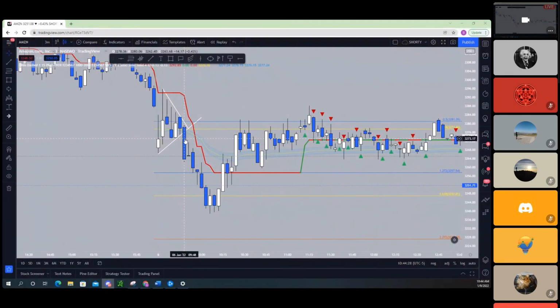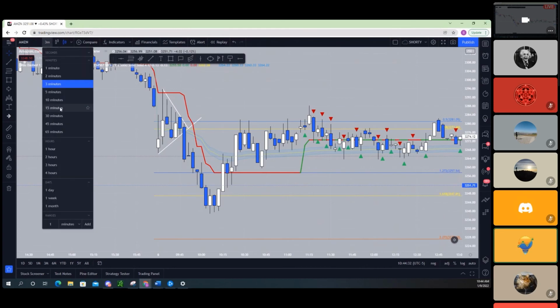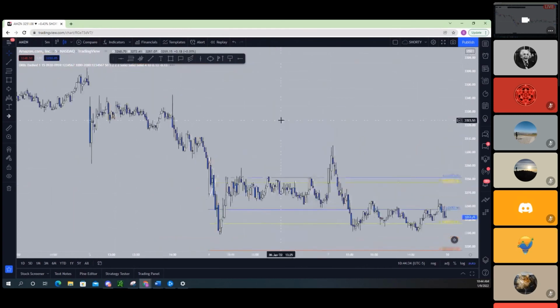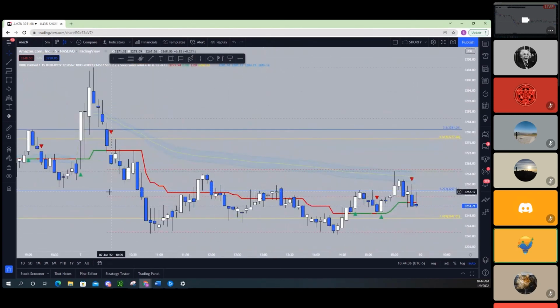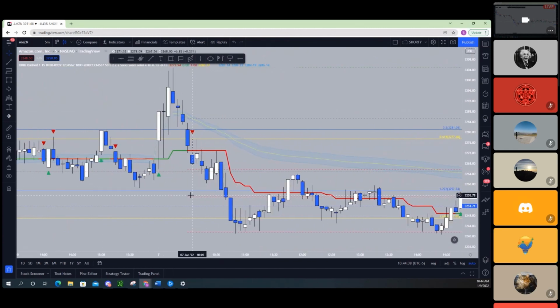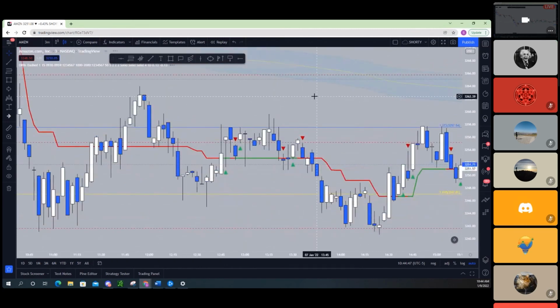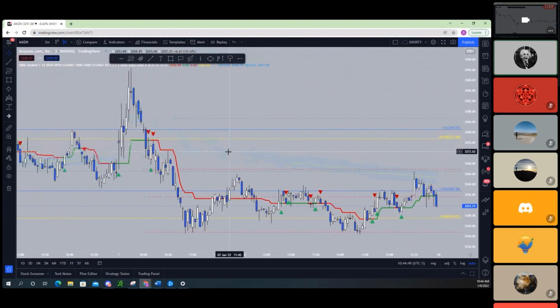You can play the break of those inside bars, but the safer entry is where Shorty showed it, the break of the low of that candle on the triangle. That's how I would have played it, but that's just the way I play it. Doesn't mean you abandon your strategy at all.